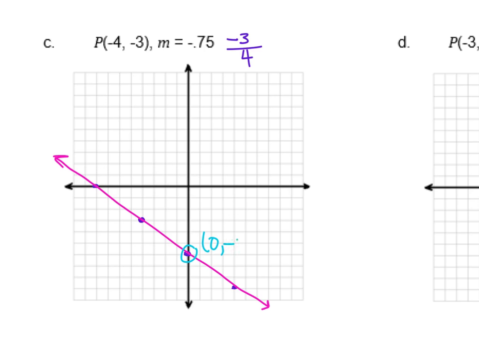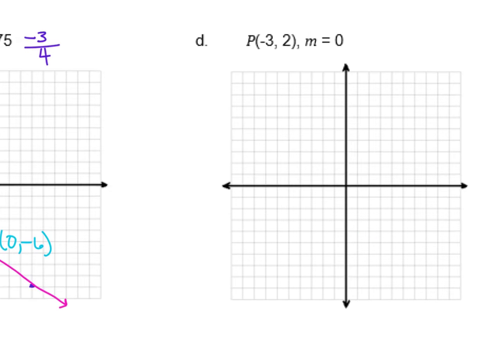So our y value is a negative 6. I'm going to pick this point over here. For the x, we are moving to the left 8. So our x value is a negative 8, and for your y value, you did not go up or down at all, so the y value is 0 that time. Those are actually your x and y intercepts of that graph.